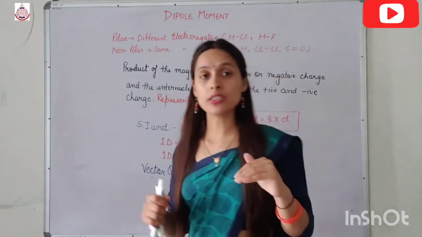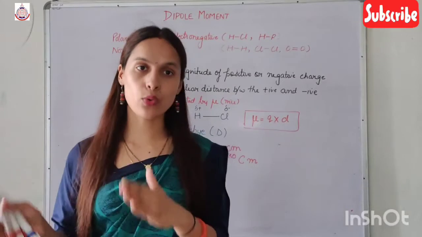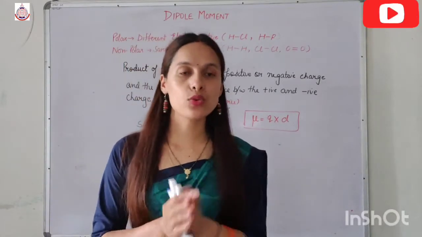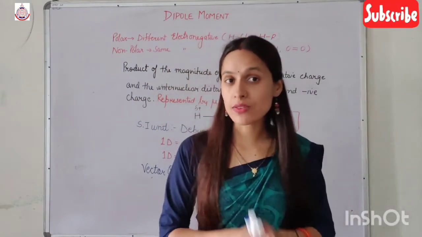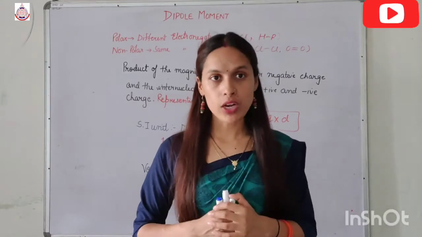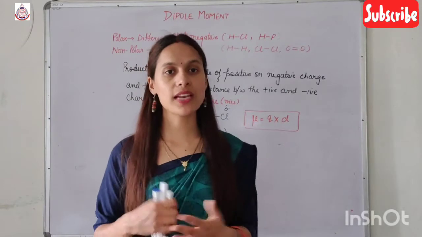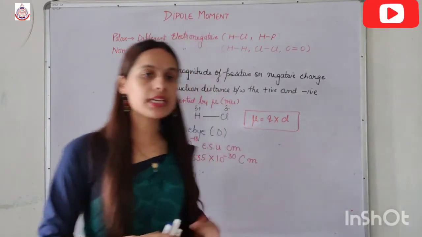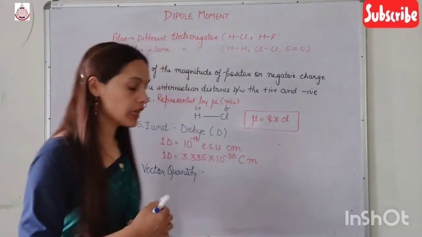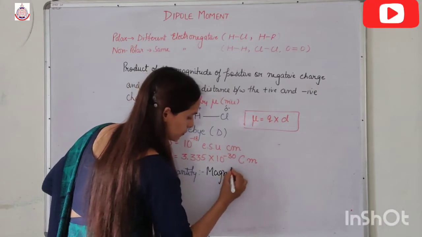But vector quantities are those quantities which have magnitude as well as direction. For example, displacement has magnitude as well as direction. Similarly, dipole moment is also a vector quantity, meaning dipole moment has magnitude as well as direction.